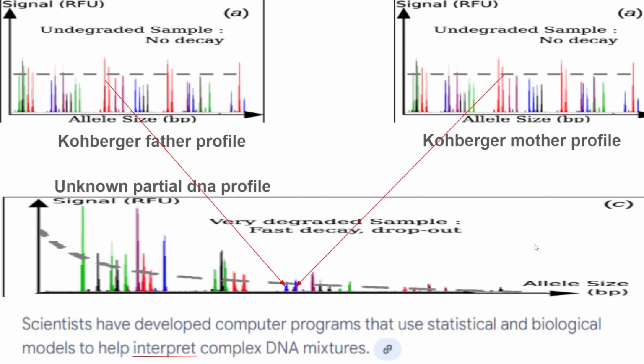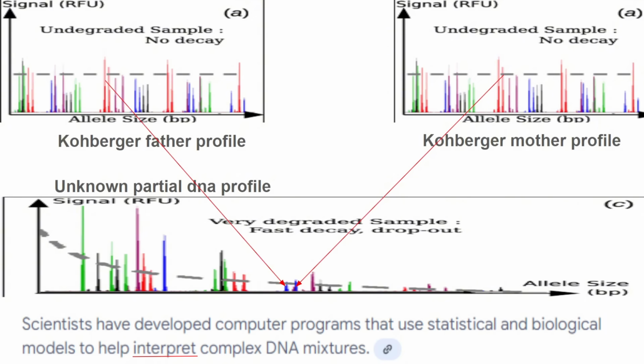And as I showed you in the previous videos, the difference between the partial degraded sample and the undegraded good samples of STR profiles. Now, what do I believe happened in the Kohberger case?